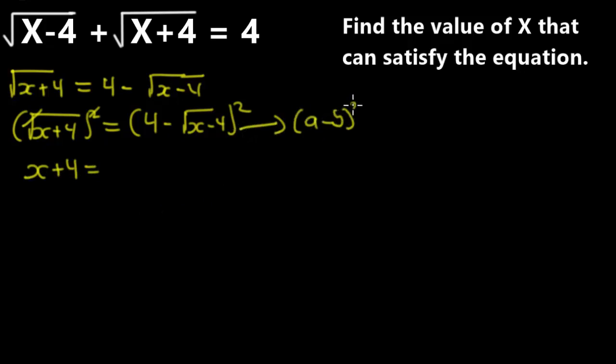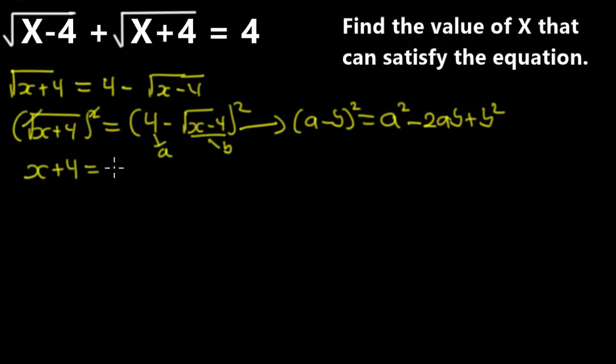and now when we have a minus b squared, this can be expressed as a squared minus 2ab plus b squared. So when you compare this with this one, you can realize that 4 over here becomes the a, and then this term also becomes b. So that means we are going to have a squared.